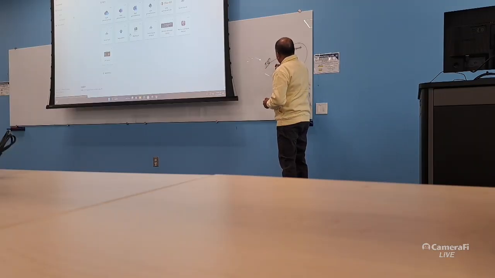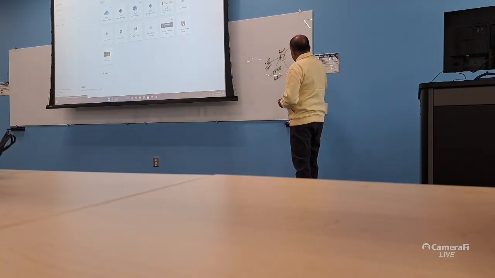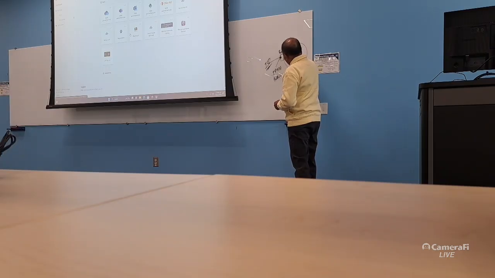So this IP address here is the public IP address, which belongs to the ISP, and it is giving you an IP, a range of IP addresses. This IP address here, where it is connected to your home, is a private IP address.